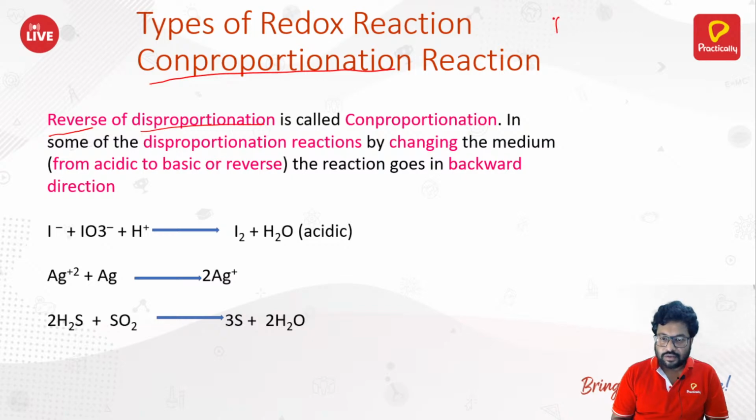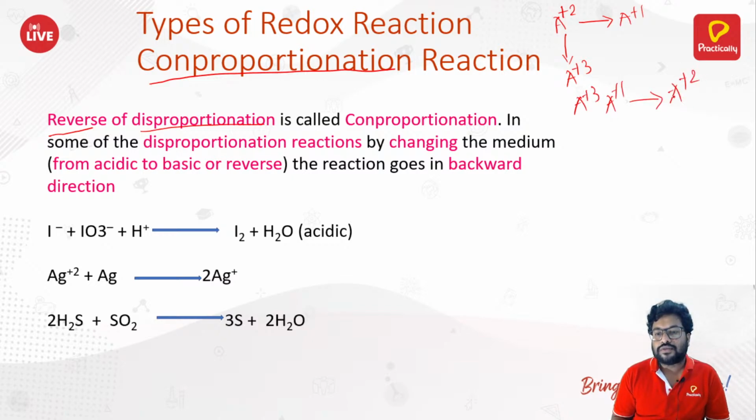One element was, for example, again, let's take the example of A only. A is going from +2 to +1 and from +2 to +3. So in this case, both A +3 and A +1 are going towards A +2.